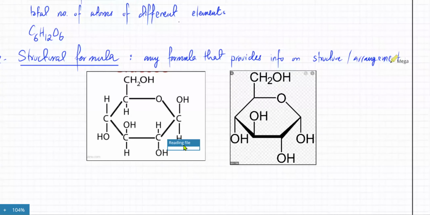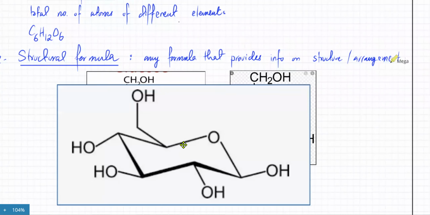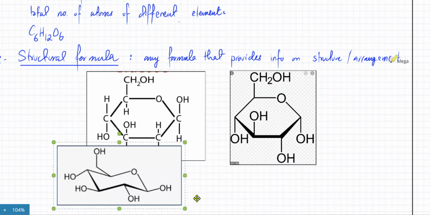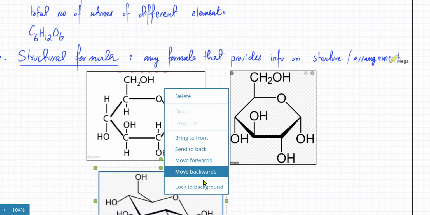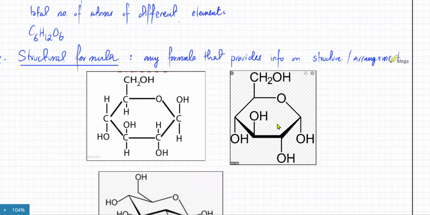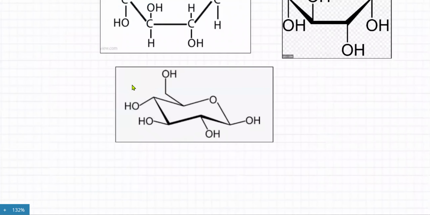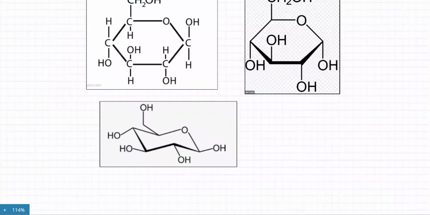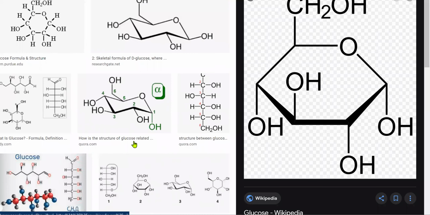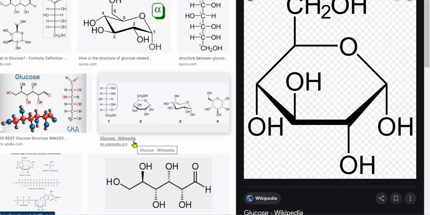Here's another one. So there are many different versions of a structural formula, and this one is telling us the bond angles, like how the bonds are arranged in three-dimensional space.